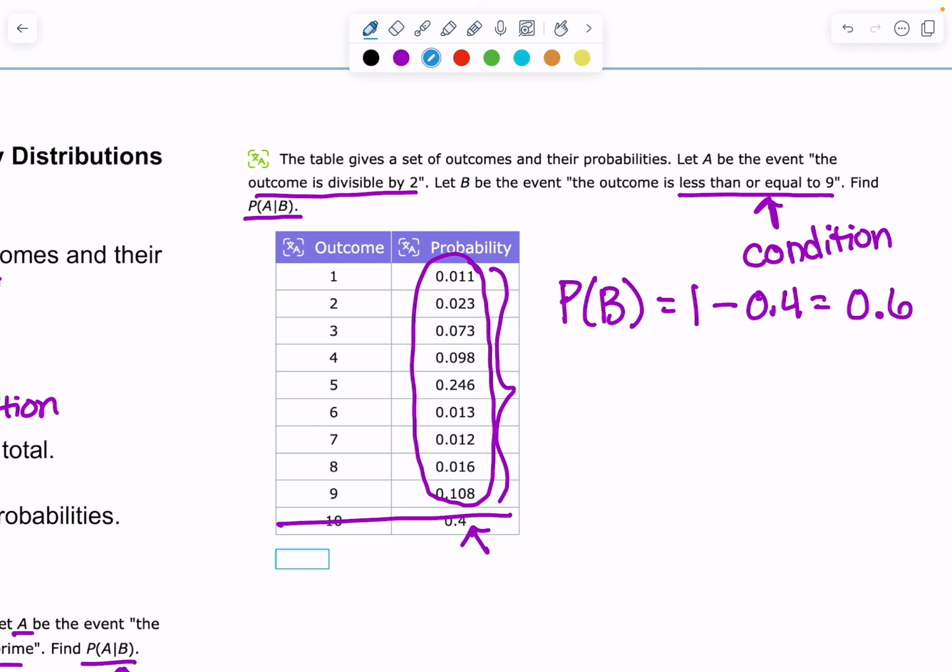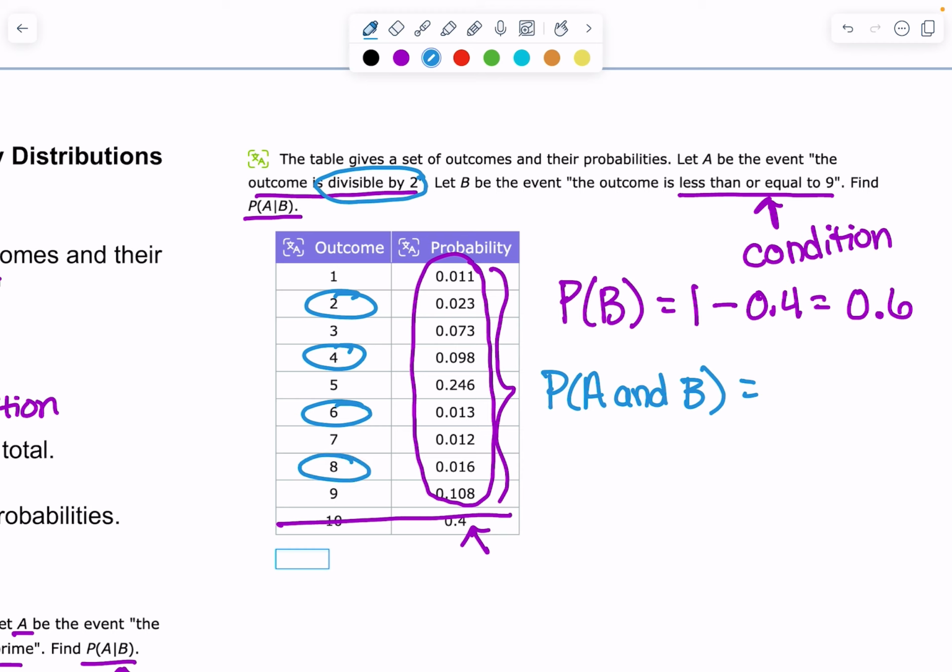Now we need to find our probability of A and B. We've already crossed off 10, so we can't use 10 anymore. We're now looking for anything that is divisible by 2. So I've got 2, 4, 6, and 8. So A and B, we need to add up these 4 probabilities.